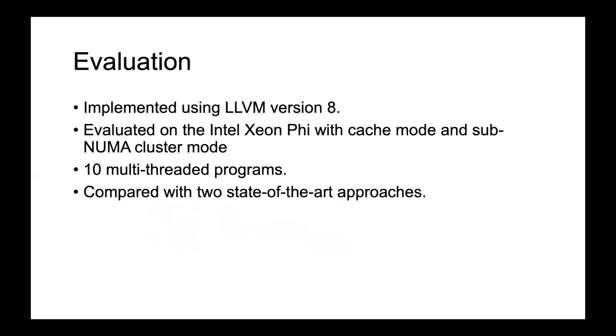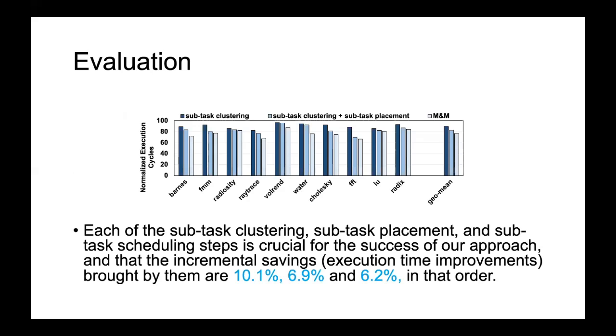Coming to the evaluation, we implement our approach using the LLVM framework, and we evaluate Mix and Match on an Intel Xeon Phi coprocessor with cache mode and sub-NUMA cluster mode. We use 10 multi-threaded programs to test our proposal and also compare it with 2 state-of-the-art approaches. Coming to the main results, in this figure we show the stepwise improvement from applying each step in Mix and Match.